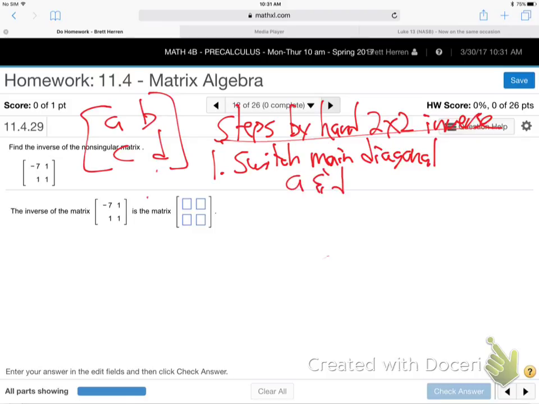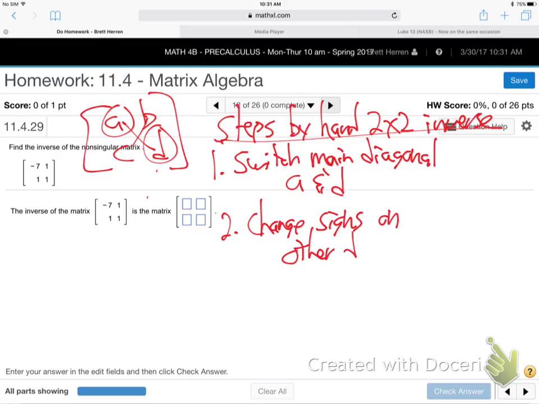A and D. This one. That's the main, because it starts with the very first entry. So we call it the main diagonal because it has the very first upper left corner entry in it. The other diagonal is the secondary diagonal. So switch the main diagonal. Number 2, change the signs on the other diagonal. So you put the D here, the A there.